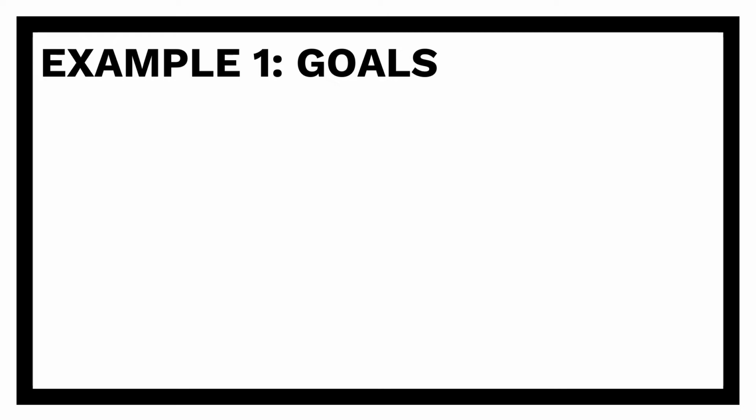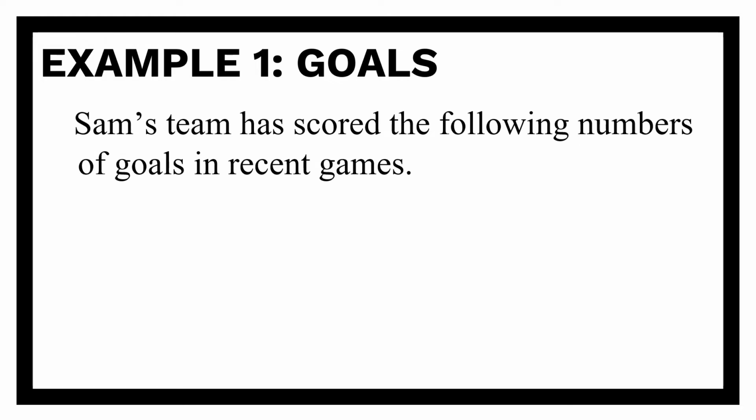Example 1, the title of our first example is Goals. Sam's team has scored the following numbers of goals in recent games. Most probably the goals that we are referring to here are the scores in a soccer game.